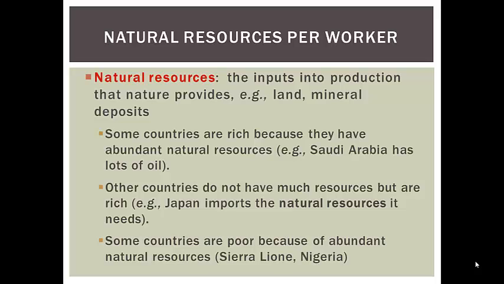Also important to remember that some countries are poor because of their abundant natural resources, such as Sierra Leone and Nigeria. Those countries have plenty of natural resources, but the fight over who owns those resources creates disruption, creates wars, and as a result, those countries get hurt more by those resources than benefit.